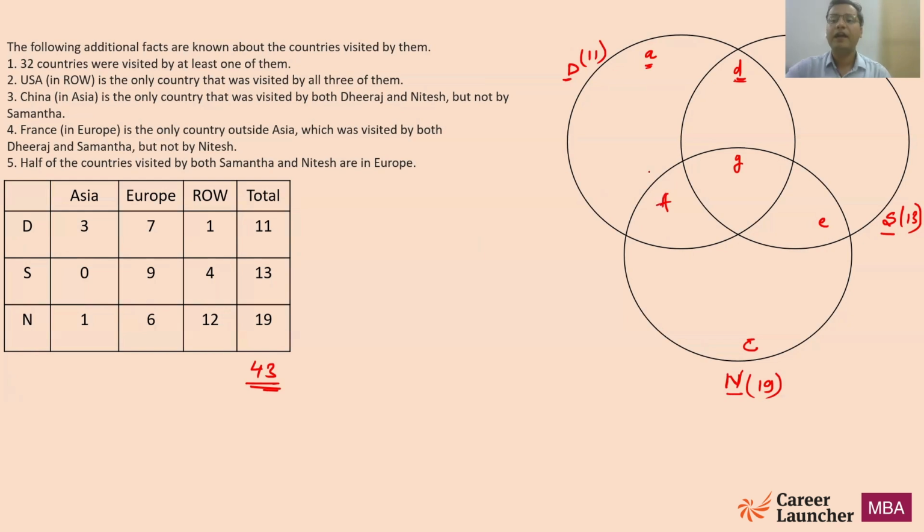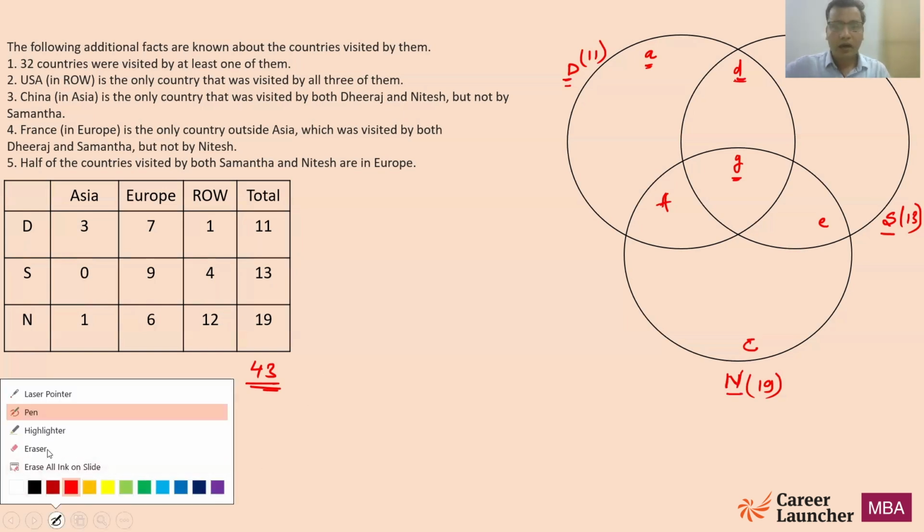Similarly, F is the combination of Dheeraj and Nitesh and not Samantha. That means Samantha must not have visited those countries visited by Dheeraj and Nitesh alone. And finally, G is the total number of countries visited by all three, Dheeraj, Nitesh and Samantha, right? So I think this is clear to everyone.